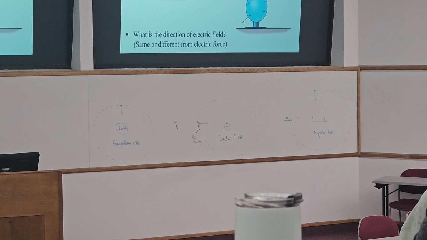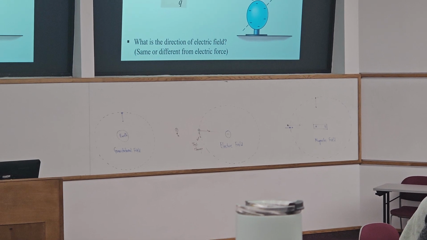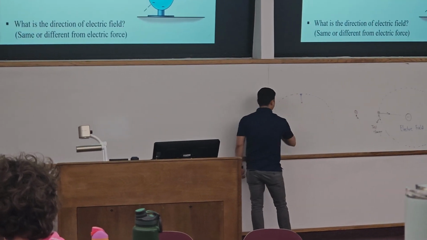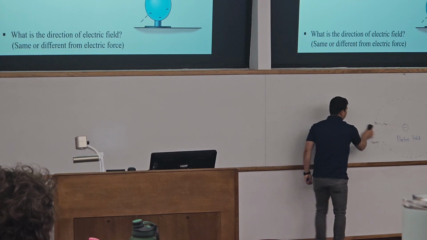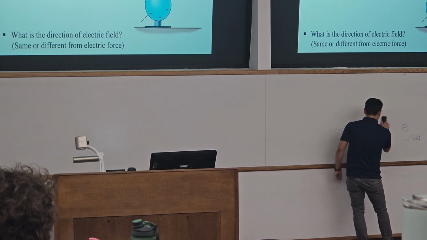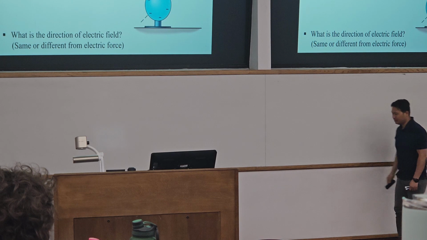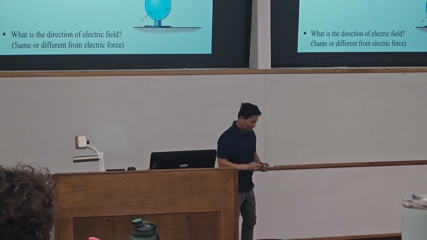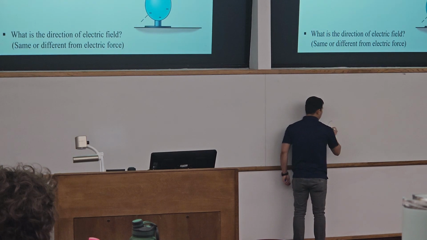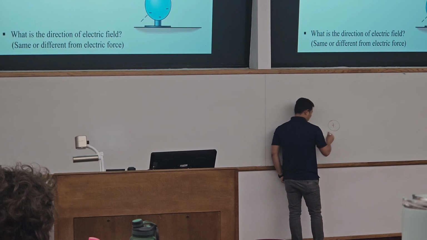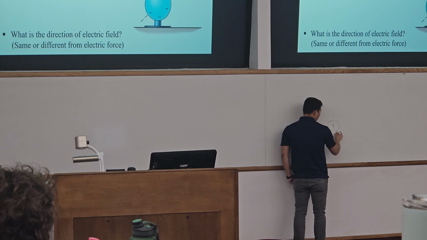So to find the electric field produced by a charged particle, we need a mathematical definition. I consider a point charge. It can be either a positive charge or a negative charge, it doesn't matter. Let's say you have a charge, and you call it capital Q.